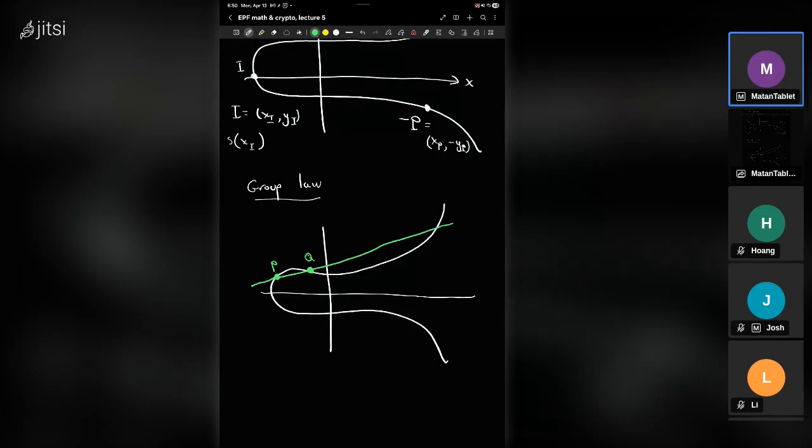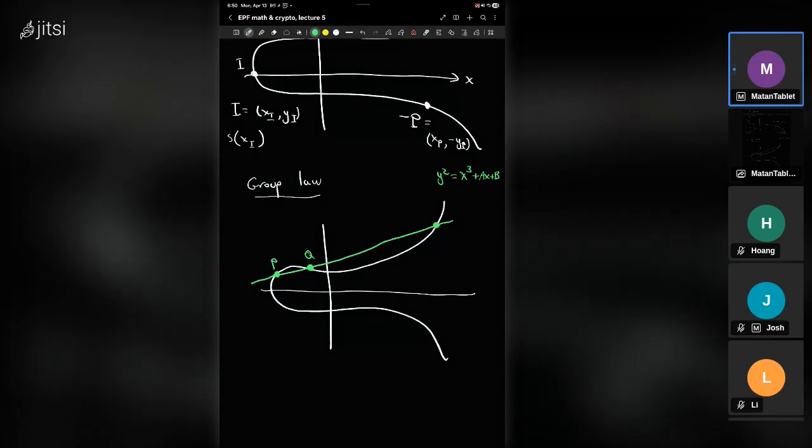Now, because this is a curve of degree 3, this y squared equals x cubed plus ax plus b, I am guaranteed that there is exactly one point in addition that this line intersects the curve.